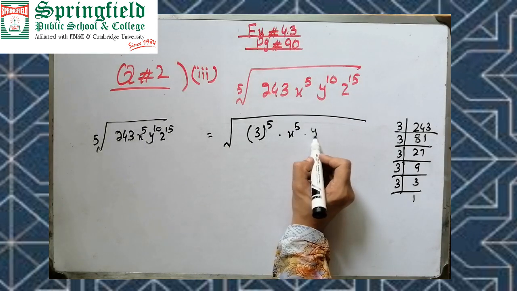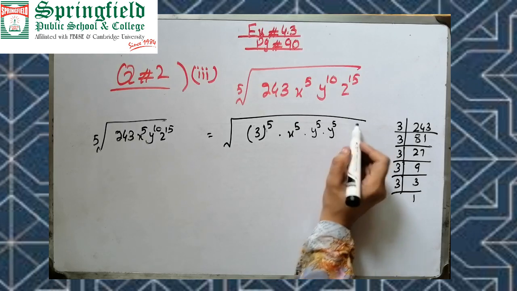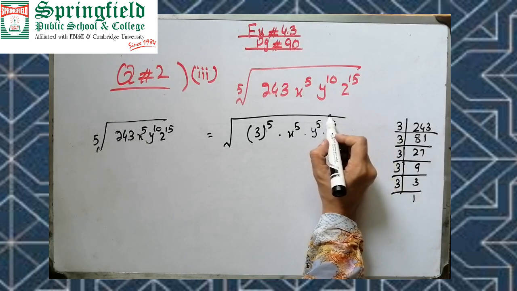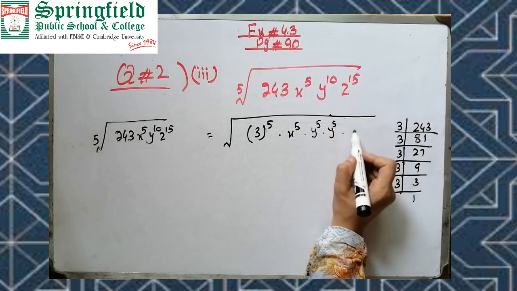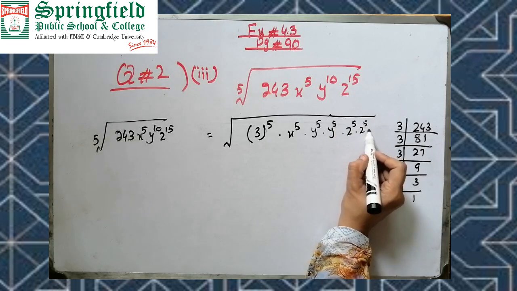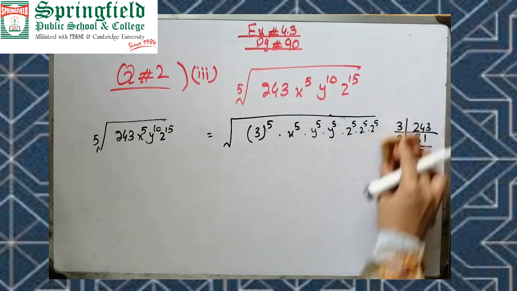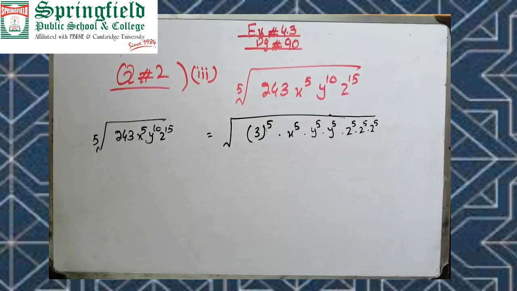Y power 10 can be written y power 5 into y power 5. Here the bases are the same, then powers will add. And z power 15 can be written z power 5 into z power 5. Fine?